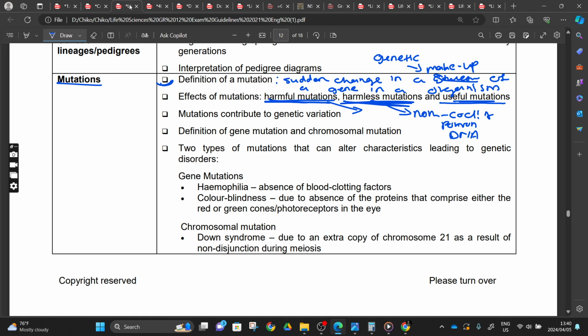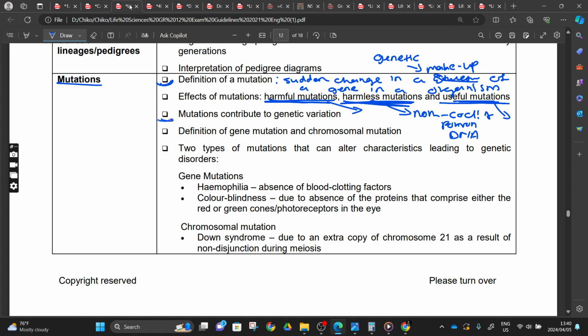And when we have a useful mutation, for example, if the mutation is going to contribute to an organism's survival chances, we say that is a useful mutation. You still remember that?